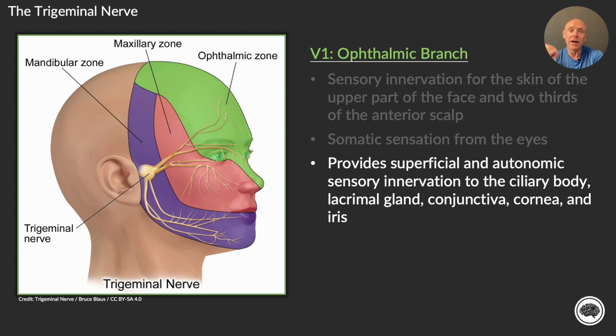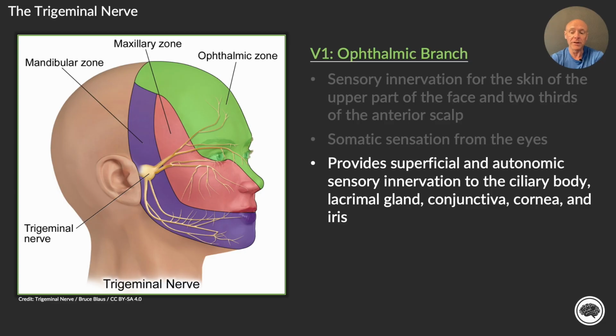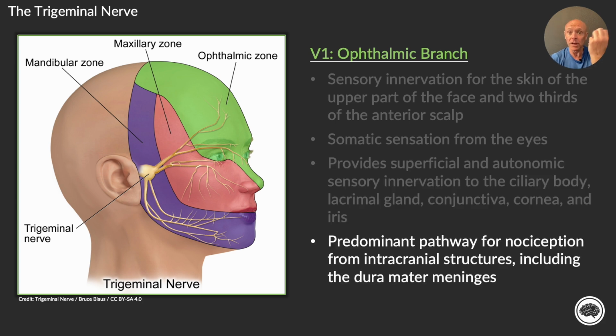So there's a lot about the visual system and the eye anatomy itself that is innervated via the ophthalmic branch of the trigeminal nerve. So it makes sense that migraines often have visual issues associated with them.